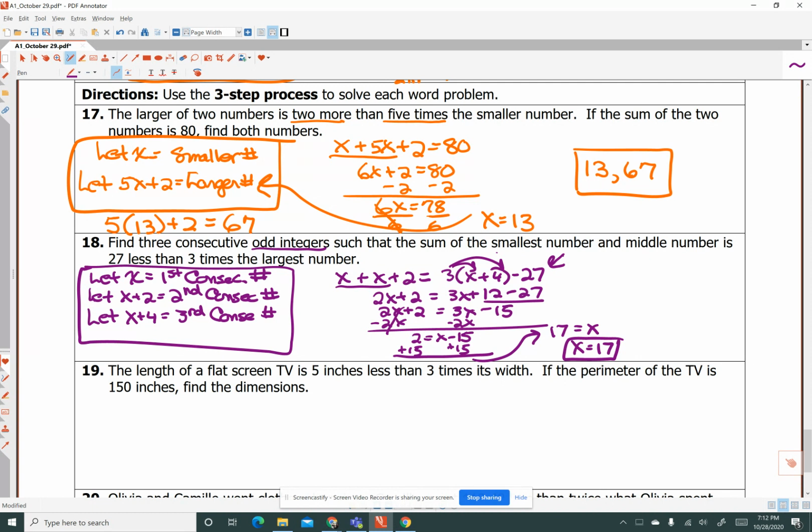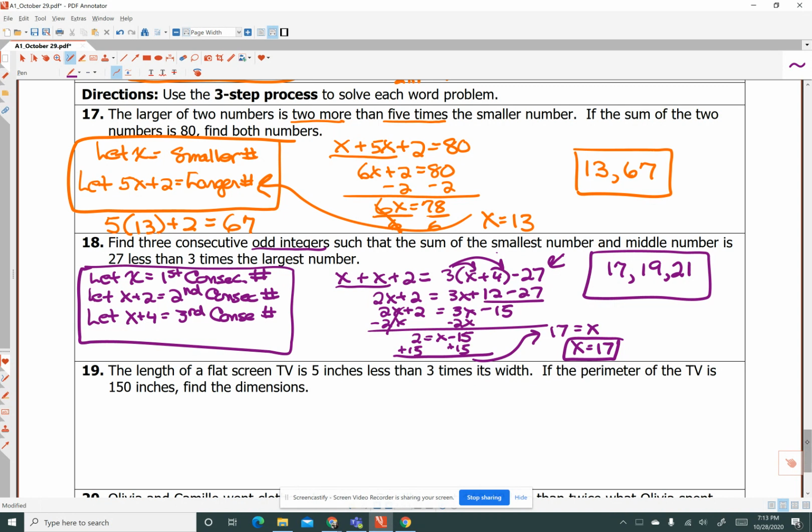So the first number is 17, the next number is 19, and the next number is 21. Three consecutive odd numbers, and the sum of the smallest and the middle is 27 less than 3 times 21. If you did the substitutions, this equation would be correct.